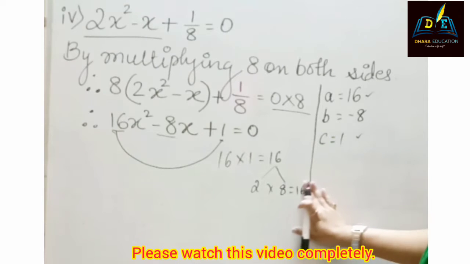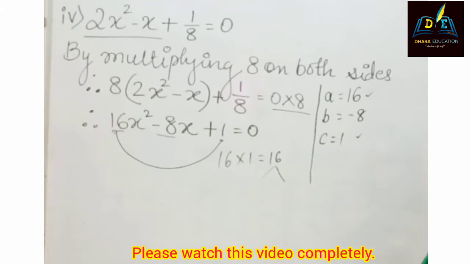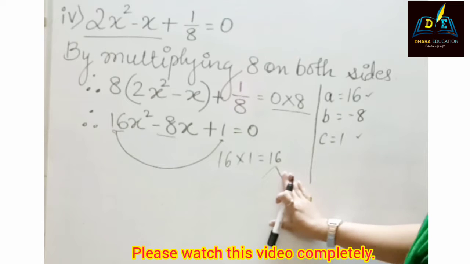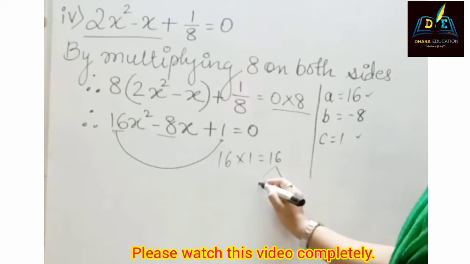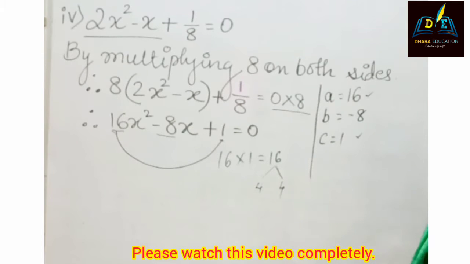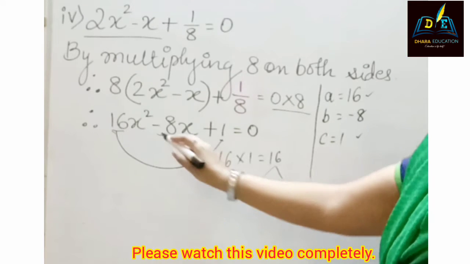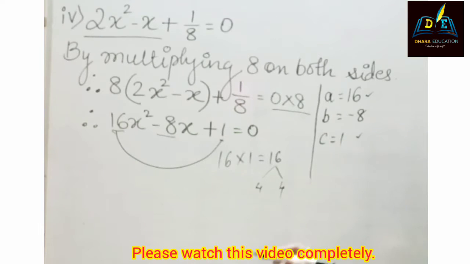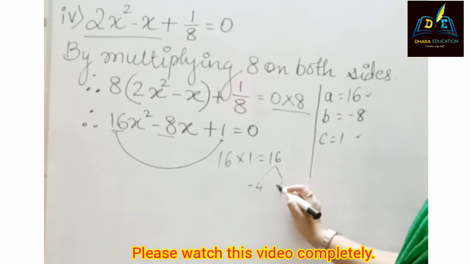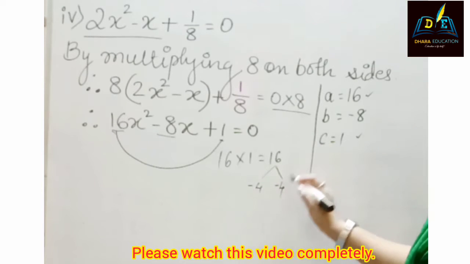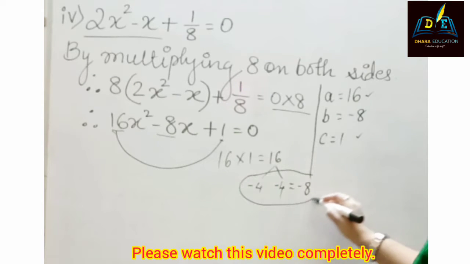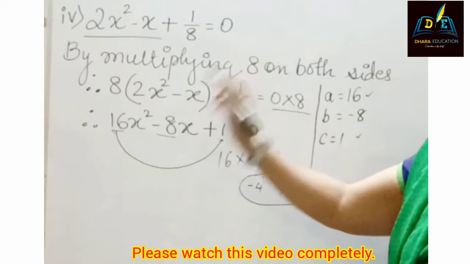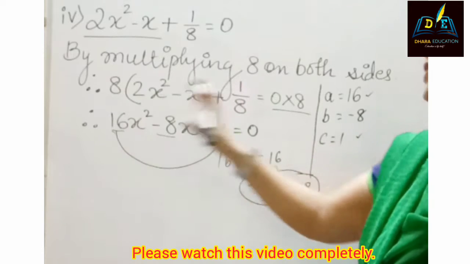Correct? So this possibility is also not done. So the last possibility which we are able to know is this, that is 4 4s are 16. Okay. But we want minus 8. So to get minus 8, we need to put minus 4 multiplied by minus 4. Sorry, minus 4 plus minus 4 will give you minus 8. So this is the perfect possibility to get the middle term after multiplying the first and the third term.